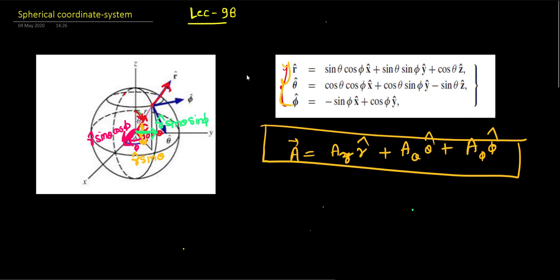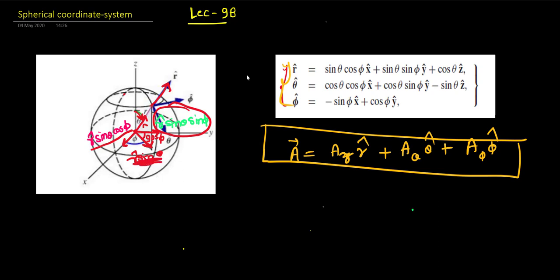Let me remove this and make it clear. This component is r cap sine theta cos phi. This angle is 90 minus phi. This was r cap sine theta, and this is our 90 minus phi angle, so this would be the y component, r cap sine theta sine phi.